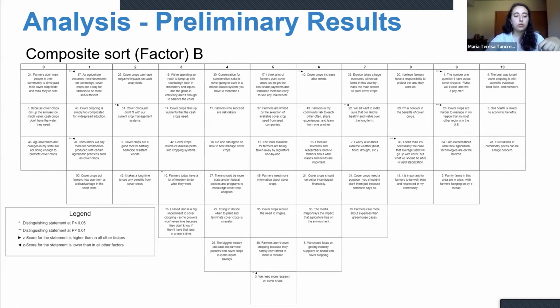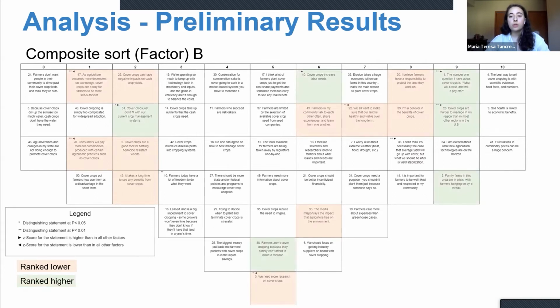And then we usually look at all of the statements that are ranked lower in this factor compared to other factors, independently of whether they're statistically significant or not. And then we look at all the statements that are ranked higher. And then we start looking more at the detail of the content of the statements.